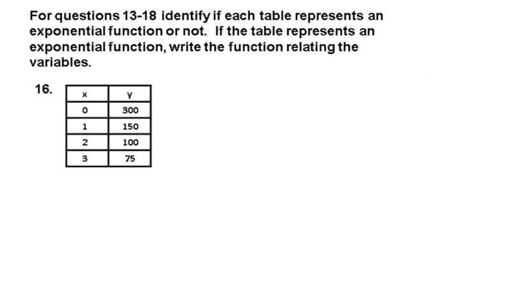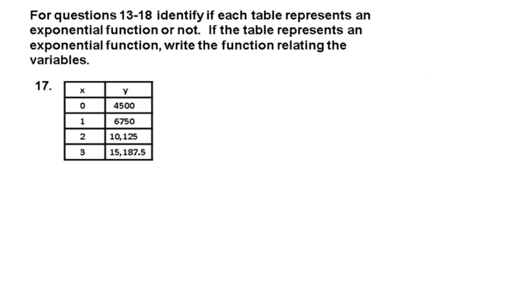Okay, next, problem 17. Let's see if we have a common ratio. To do that, we'll take 6750 divided by 4500, see what we get.